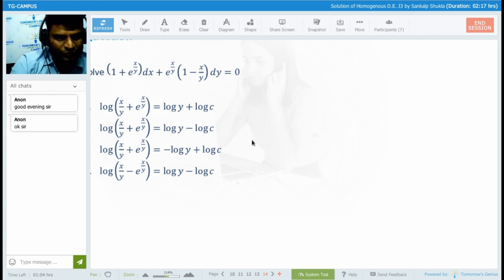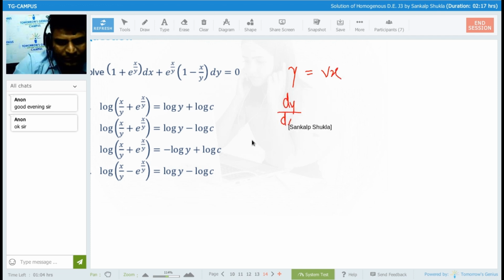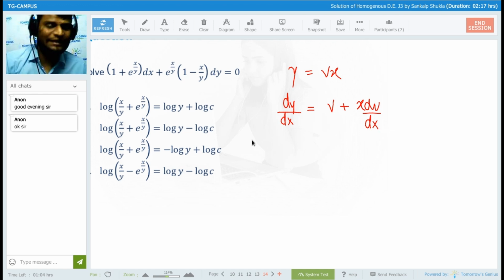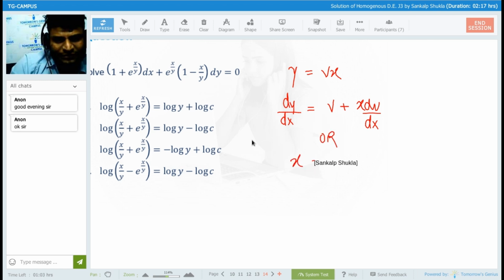I've told you, you have to put y is equal to vx, and then dy by dx can be replaced with v plus x dv by dx. Got it? But what if the question can be easily converted into dx by dy form? Either you have to do this, or you can write x as equal to vy, and then dx by dy can be written as v plus y dv by dy.